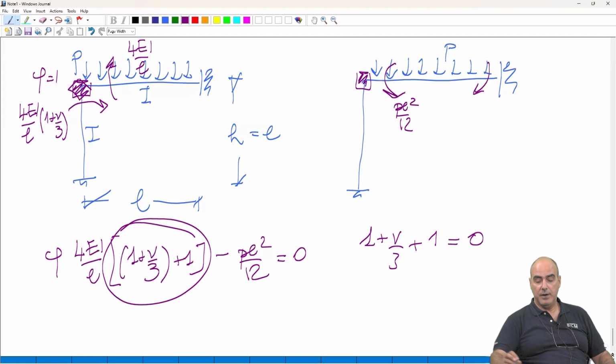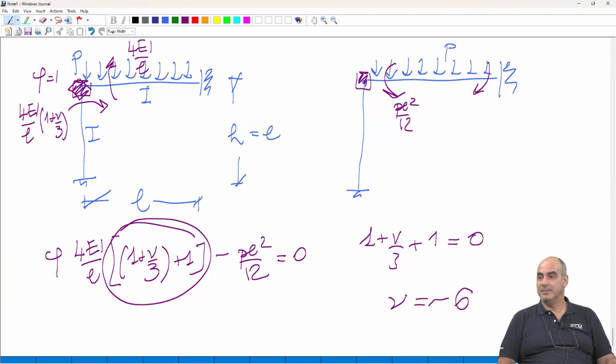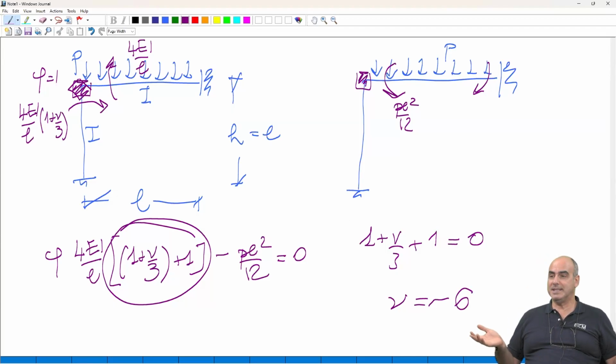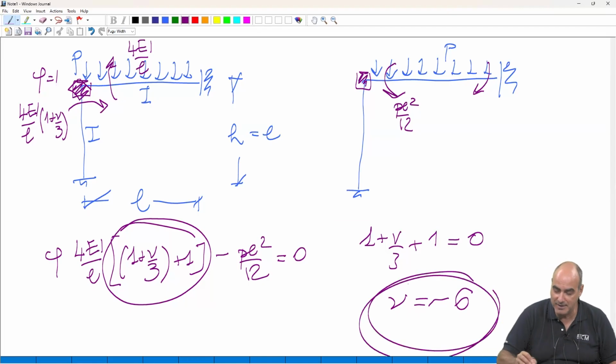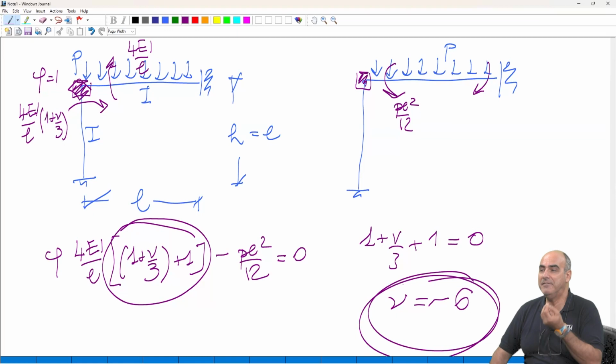This happens for n equal to... 1 plus n over 3 plus 1 means n over 3 equal to minus 2, so n equal to minus 6. But what we have just said a couple of minutes ago, n between 0 and minus 4, we cannot go lower than minus 4. So this solution here is evidently physically wrong.